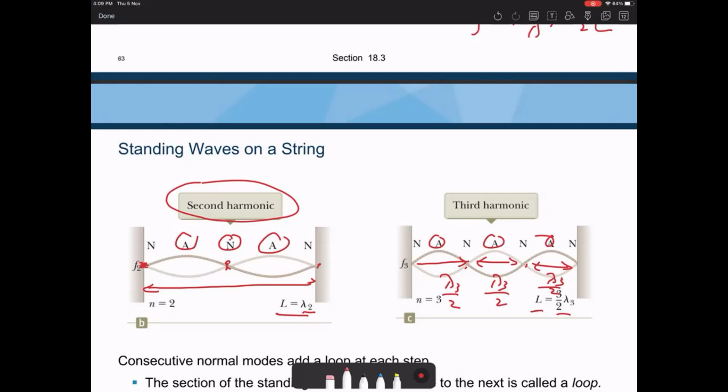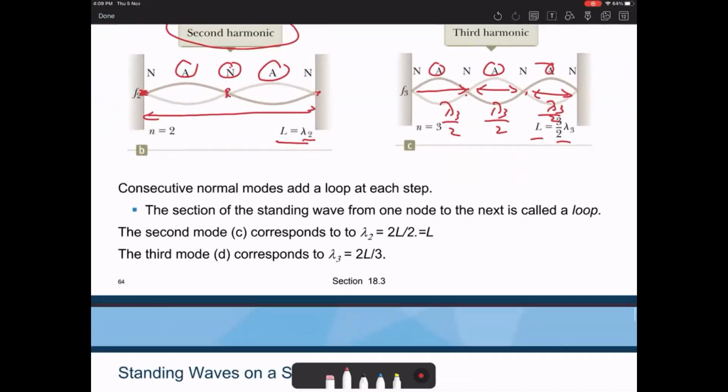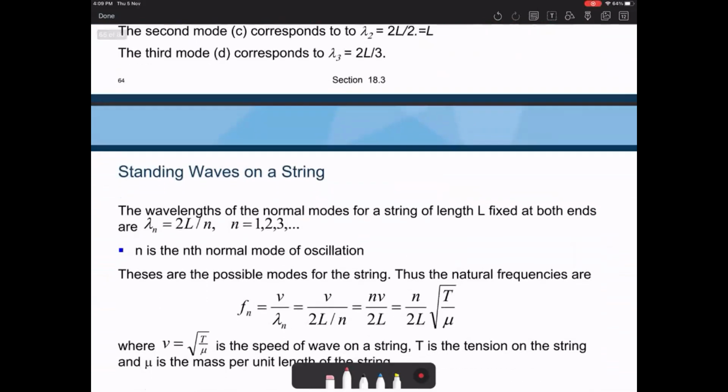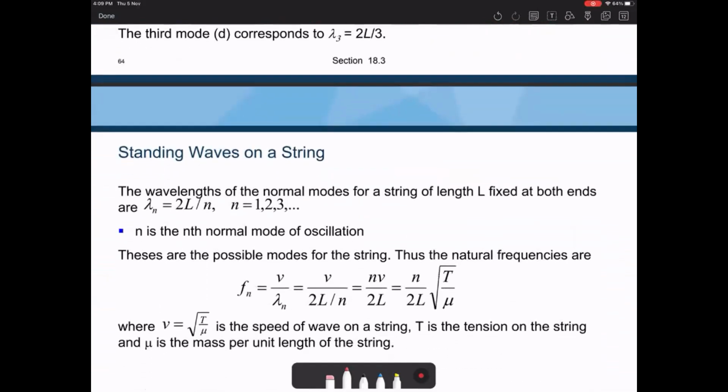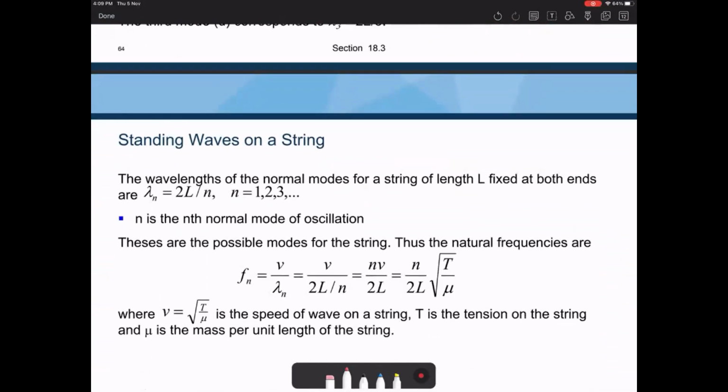And you could always calculate the corresponding frequency by the equation shown here. So you have Fn, which means the nth normal mode of oscillation. And as you would see from the previous cases, lambda n is basically 2L divided by n.